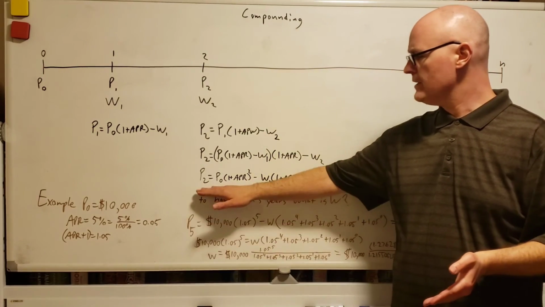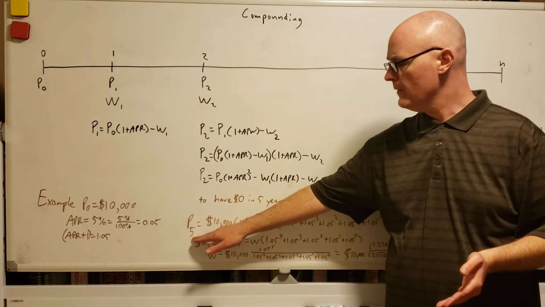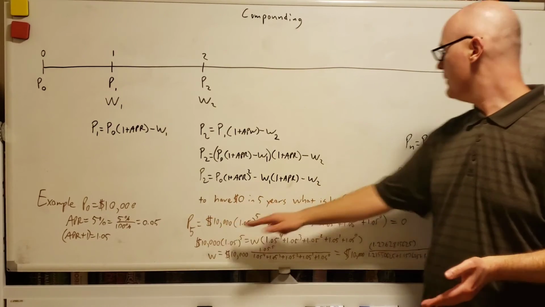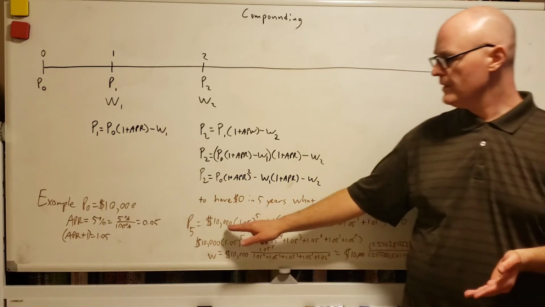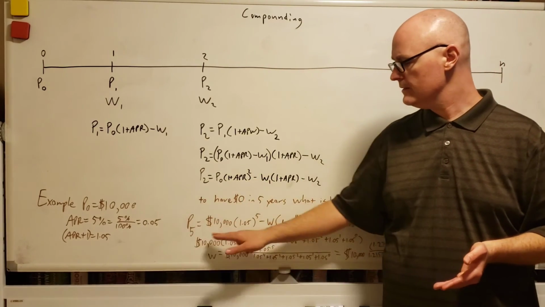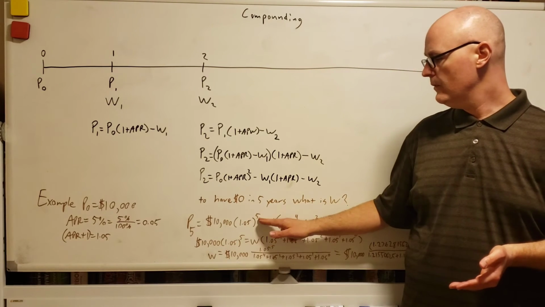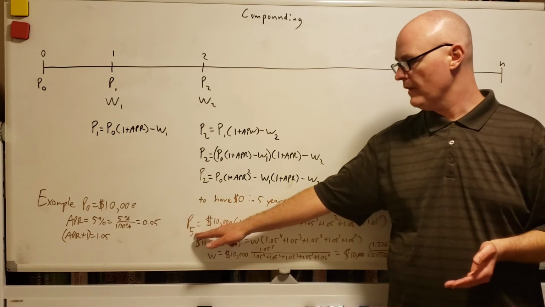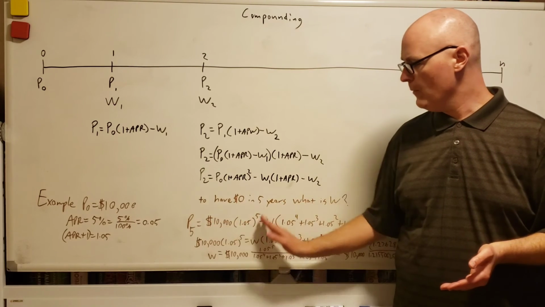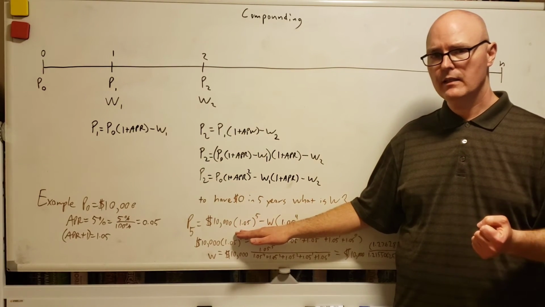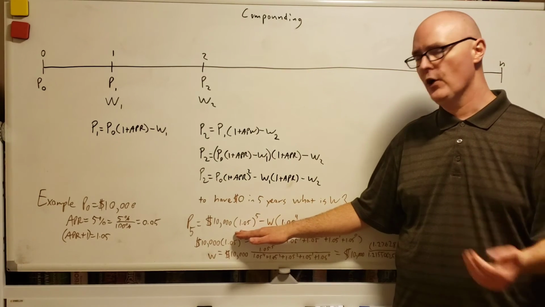I have my equation, right, which is the principal at year 5 is equal to the principal at year 0, which is 10,000 in our case, multiplied by 1.05 raised to the power of 5 because it's in 5 years. That's how much this investment would be if there were no withdrawals.